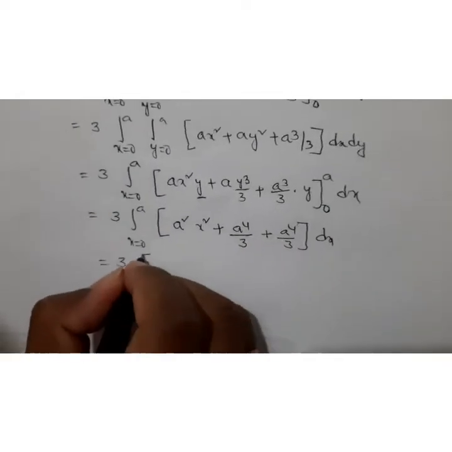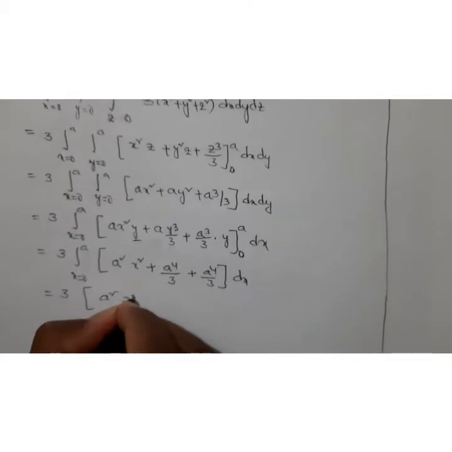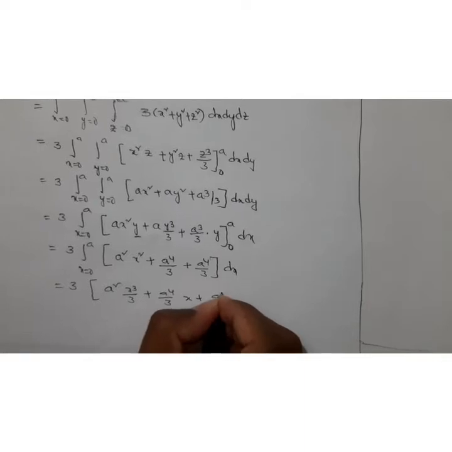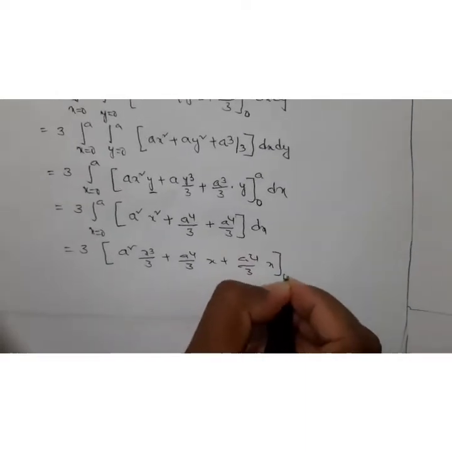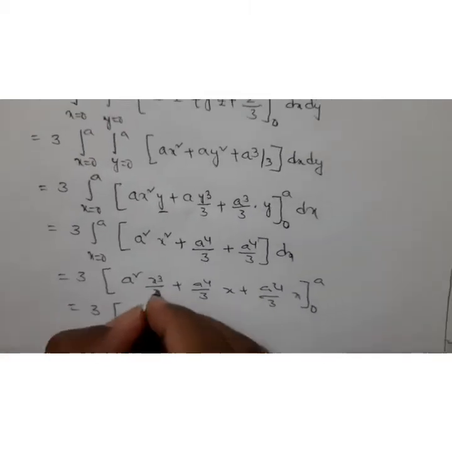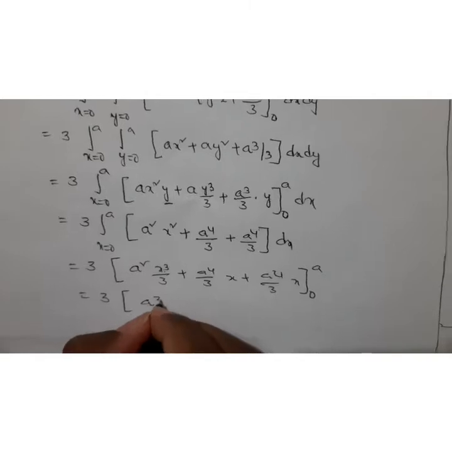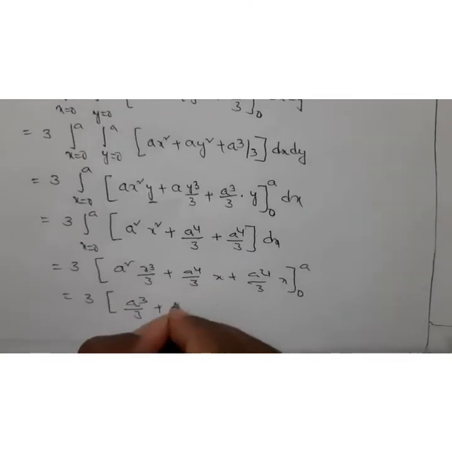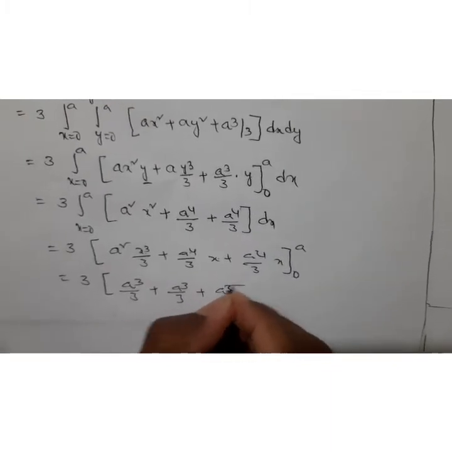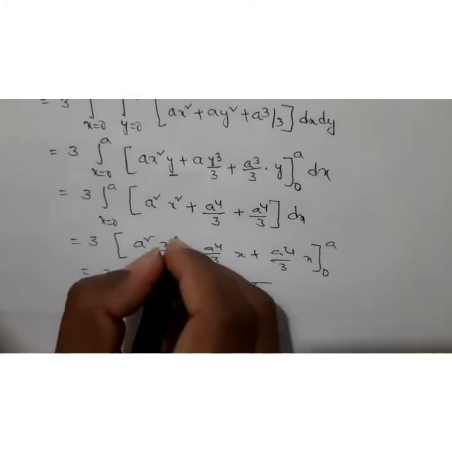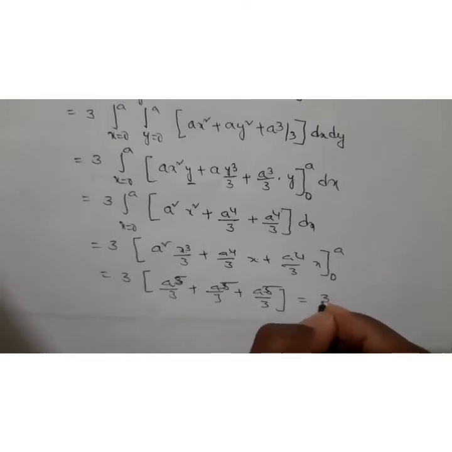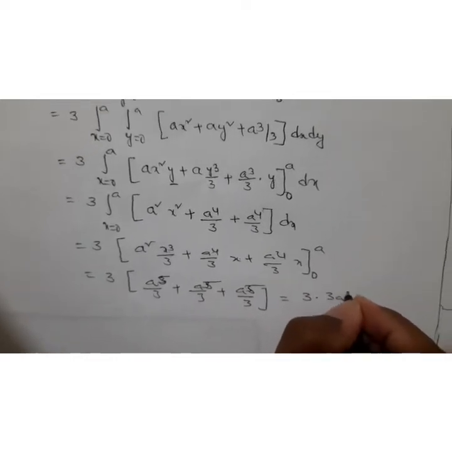Next, integrate with respect to x: a square into x cube by 3 plus a power 4 by 3 into x plus a power 4 by 3 into x, limits from 0 to a. Substituting, a square into a cube is a power 5, so we get a power 5 by 3 three times, which is equal to 3 into 3a power 5 by 3.